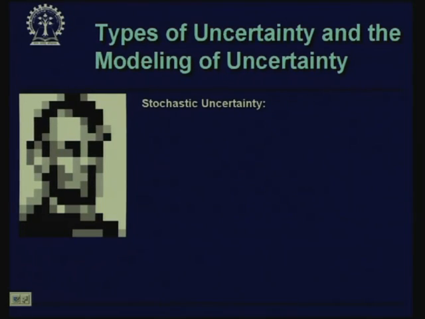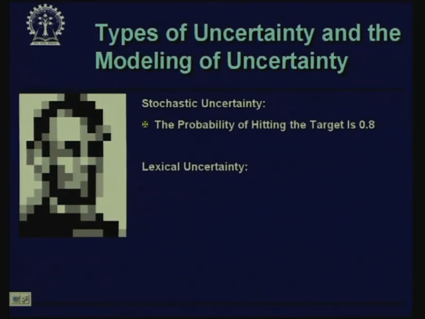Now, we have already seen what is meant by stochastic uncertainty, that is the cases which we handle with probability theory, like the probability of hitting the target is 0.8. That means we have carried out a number of experiments, and based on those experiments we have seen that in 80% of the cases we could hit the target properly.